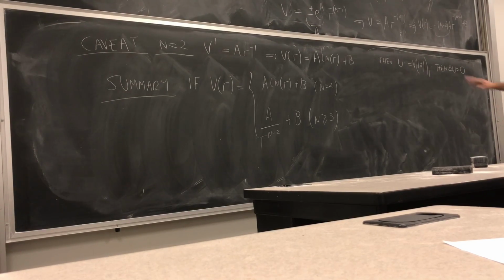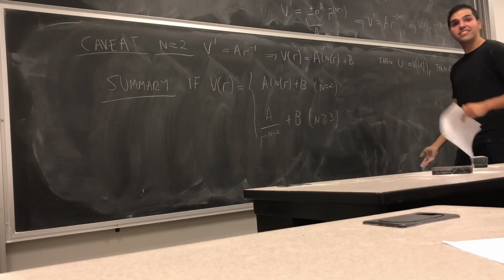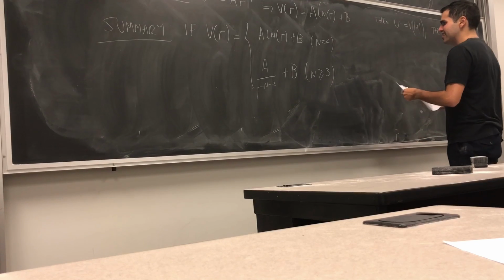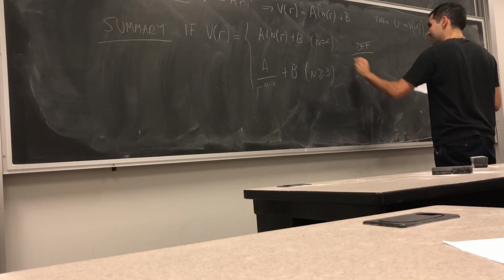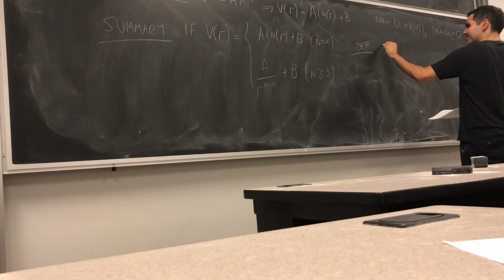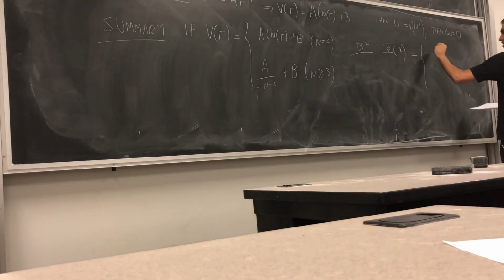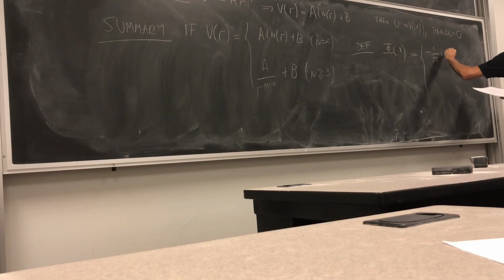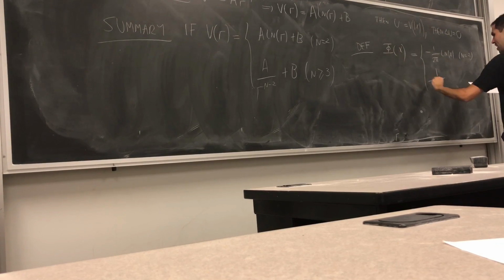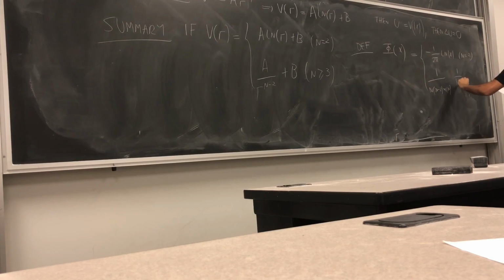In other words, this v of absolute value of x is so important that we call this, in fact, a fundamental solution. So definition, don't laugh, but fundamental solution, capital phi of x, which becomes minus 1 over 2 pi ln of absolute value of x for n equals 2, and 1 over n times n minus 2 times alpha n, 1 over absolute value of x to the n minus 2, for n greater or equal to 3.